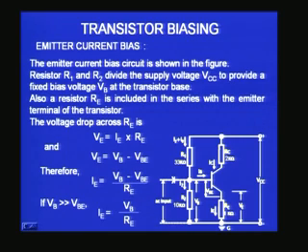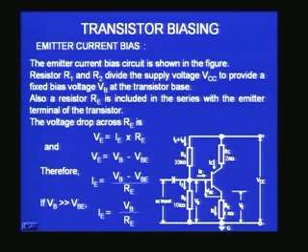Therefore, if I want the voltage across the collector and emitter points of the transistor, the total VCC will be dropped across RC, some will be between the collector and the emitter, and the other will be across the resistor RE. Therefore, if I want this voltage VCE, then I should subtract from VCC the voltage drop across RC and the voltage drop across RE.